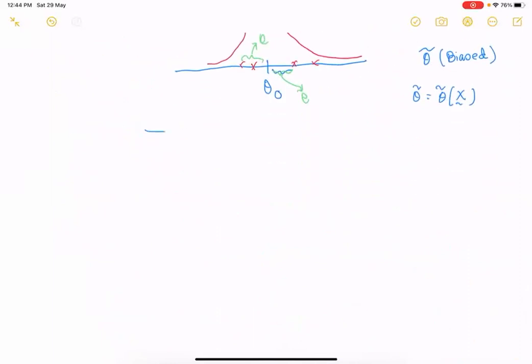Another reason why people think of this trade-off between bias and variance is this.